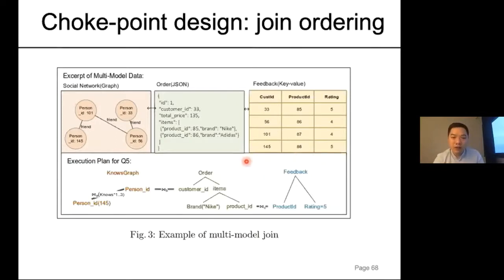So the execution plan is shown here. We can see that the logical plan contains 3 types of join. The first is the 3 hop graph join, the second one is the graph JSON join, and the third one is the JSON table join. So this requires the query optimizer to estimate the selectivity of cross-model joins and judiciously determine the optimal join order.